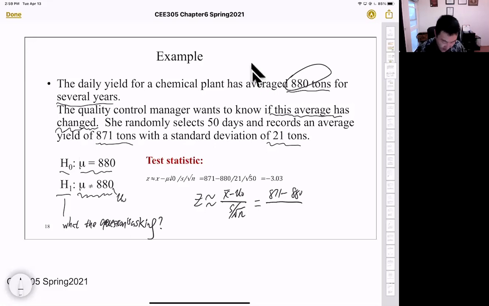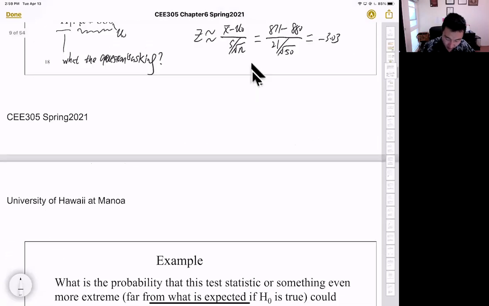The sample standard deviation is 21. The sample size is 50 days. So the Z-score is minus 3.03. So it is a very small Z-score.